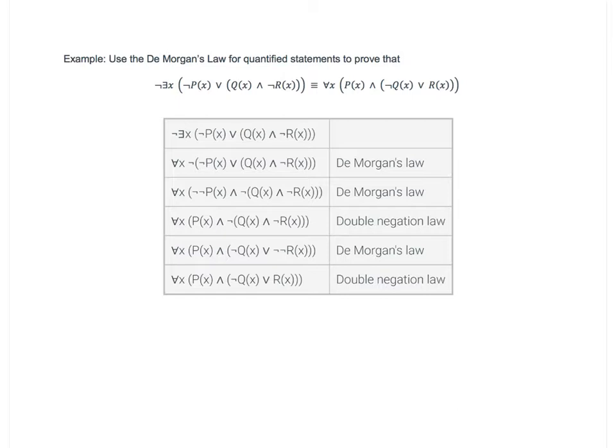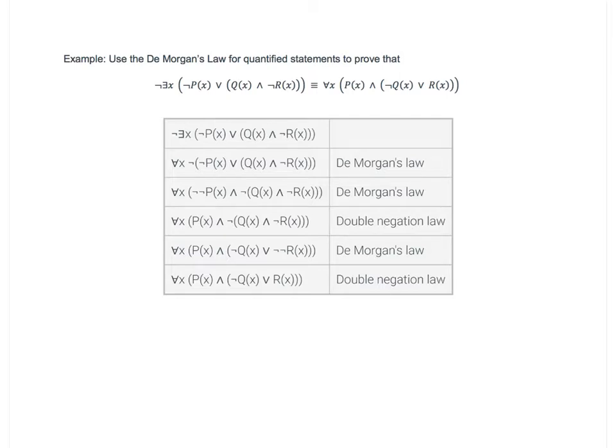So let's see an example of how to apply De Morgan's law for quantified statements. In this case, prove that the left-hand side existentially quantified statement is equivalent to the right-hand side universally quantified statement.